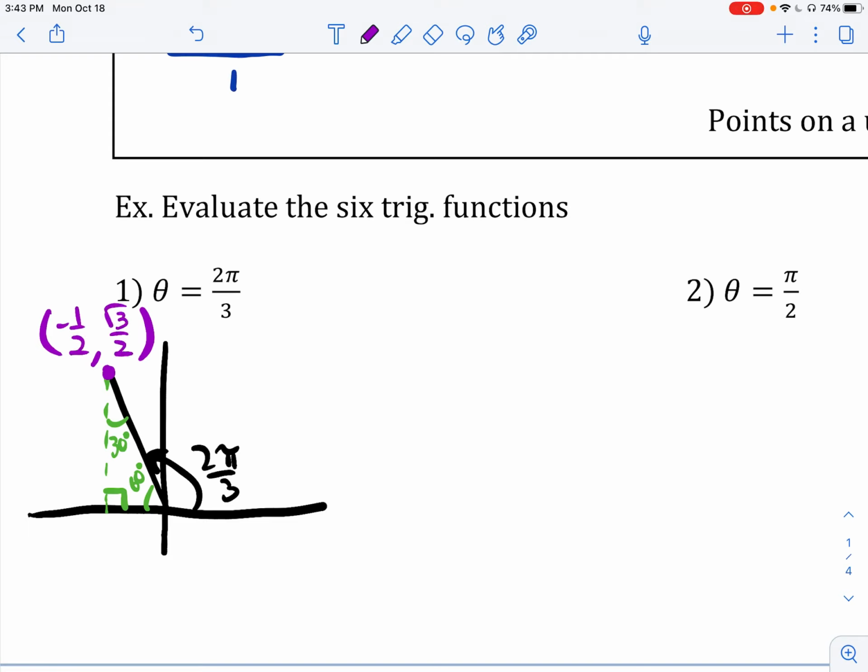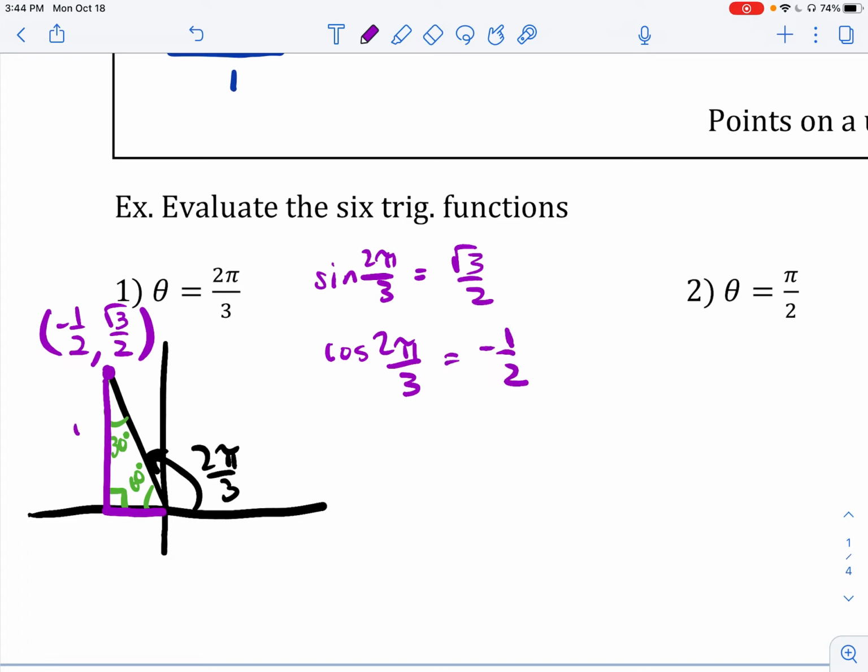over 2. So that means that the sine of 2 pi over 3 is simply my y value here, because it corresponds to my opposite side, root 3 over 2. What about the cosine of 2 pi over 3? Well, that's going to correspond to my x value here, which is negative 1/2.